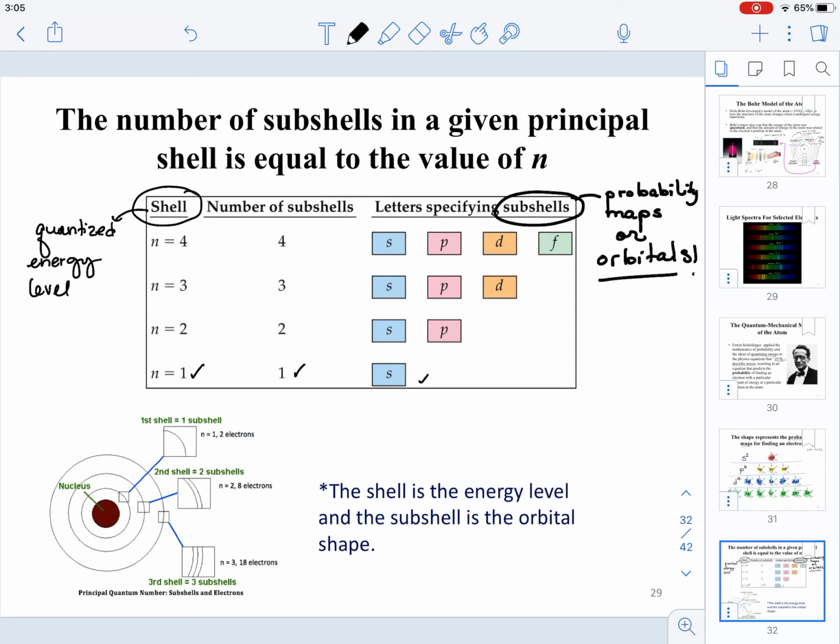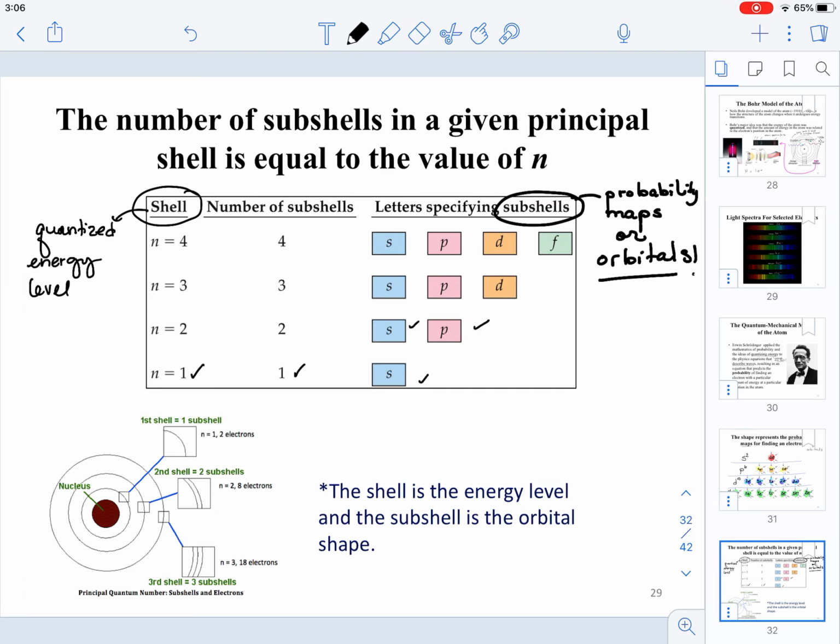For the first shell, we only have 1 subshell, and it's only S. For the second shell, we have 2 subshells, S and P. For the third shell, we have 3 subshells: S, P, and D. In shell number 4, we have 4 subshells: S, P, D, and F. We do not have any more subshells other than S, P, D, and F.